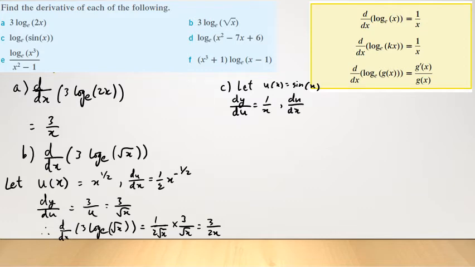Du dx is cos of x. So therefore d dx of log e sine of x is equal to cos x over sine x.